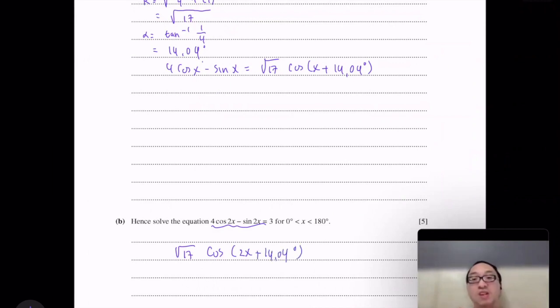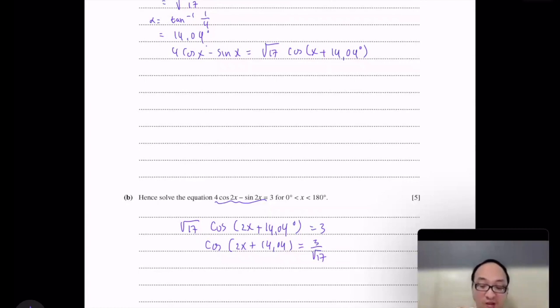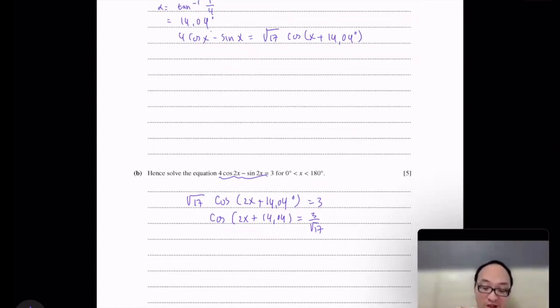We only change the x into 2x, and this equals 3. So cos(2x plus 14.04) equals 3 over root 17. So 2x plus 14.04 equals cos inverse of 3 divided by root 17.